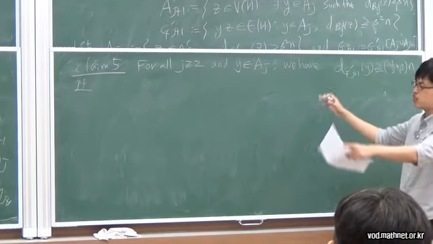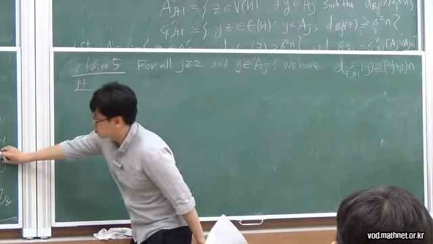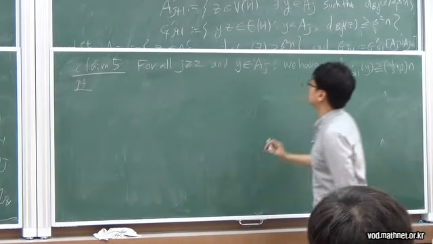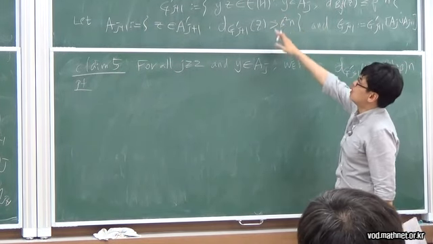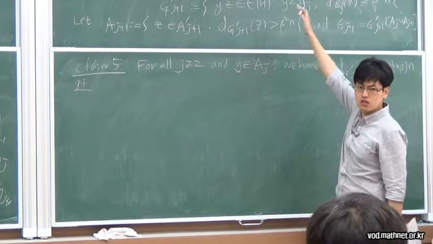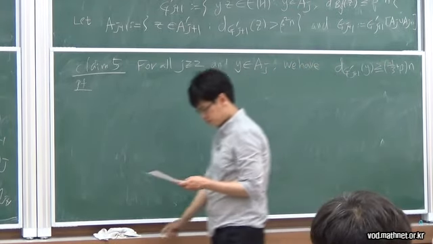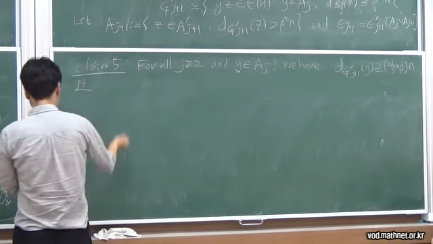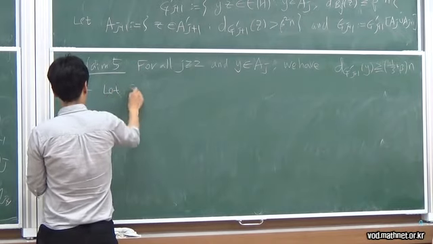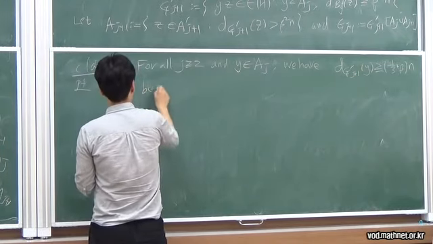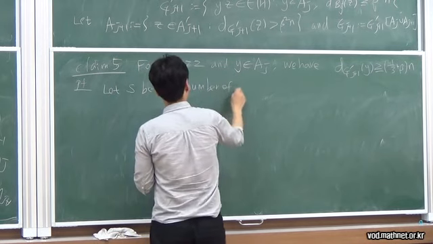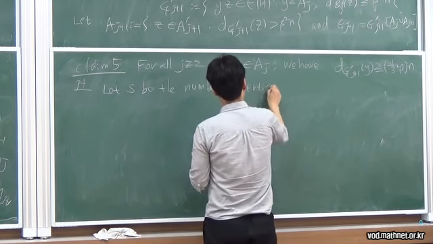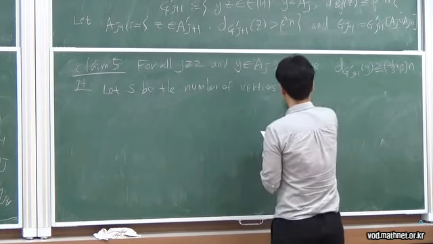So G prime was the original graph before deleting the vertices in A prime, right? And the definitions of A prime and G are all listed here. Let S be the number of vertices g.